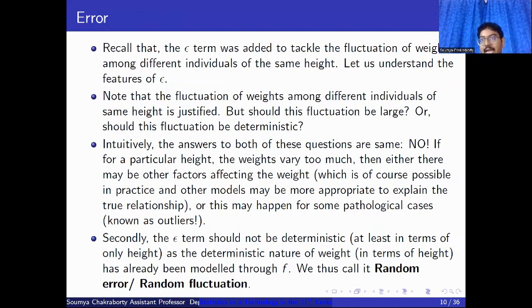Because it can be very large, but in that case, apart from height, there are other reasons which are affecting the weight. This is of course possible in real life, because the food habit is one such factor which can affect the weight, but that needs some other model, and that needs more than one independent variable.